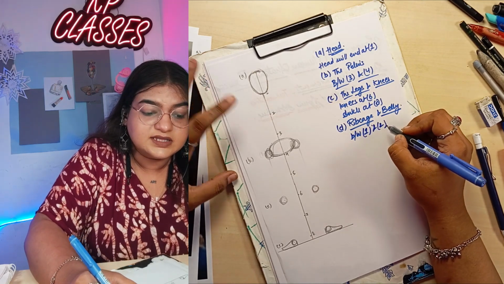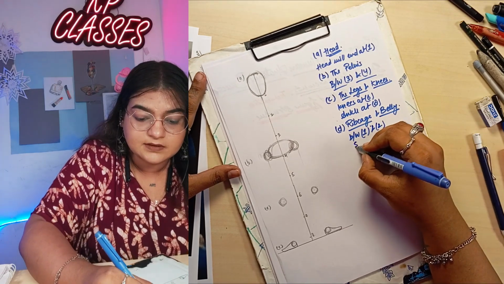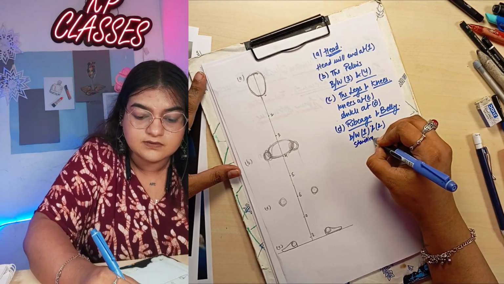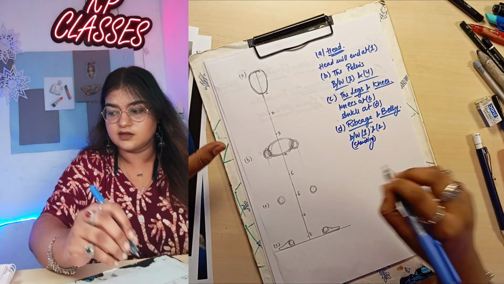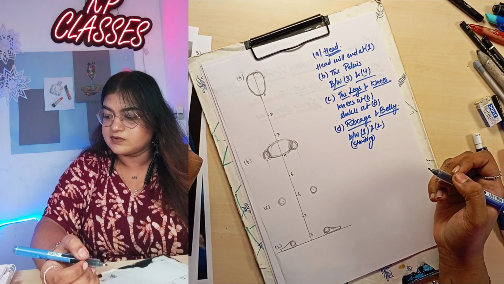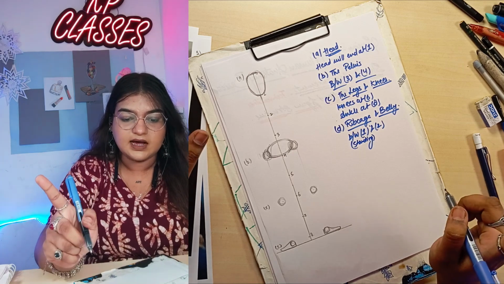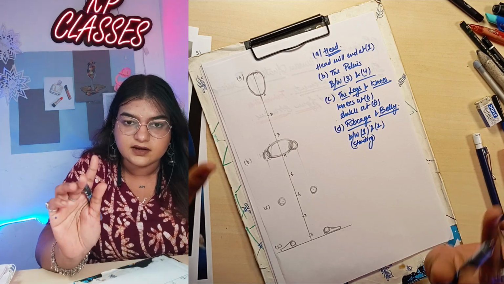This will be the starting of your rib cage. We'll mention starting, and at the same time, we are going to mark the end of neckline also.